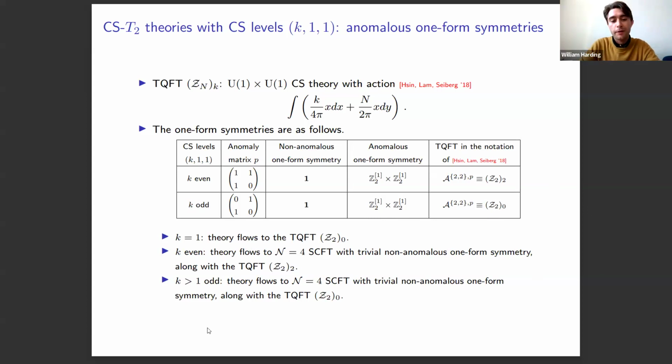Now, for K odd but bigger than 1, the theory flows to an N equal to 4 SCFT with trivial non-anomalous one-form symmetries, along with the TQFT Z2 level 0. On the other hand, for K even, the anomalous one-form symmetry is still Z2 times Z2, but since the anomaly matrix is different, in this case, the TQFT is Z2 level 2.